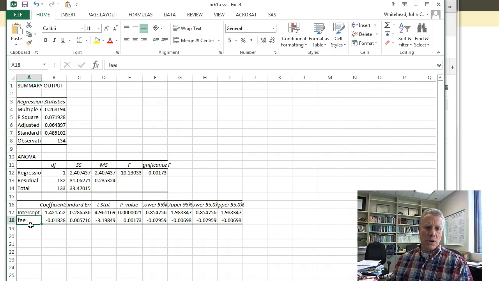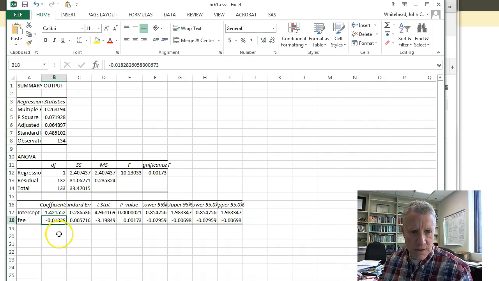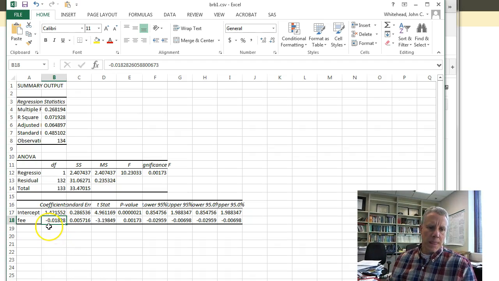Okay, the coefficient on the fee variable is negative 0.018, which tells us that as the registration fee increases, the probability that the participant will sign up for next year and pay the higher fee goes down. Okay, every dollar that the fee goes up, the probability goes down by almost 2%.